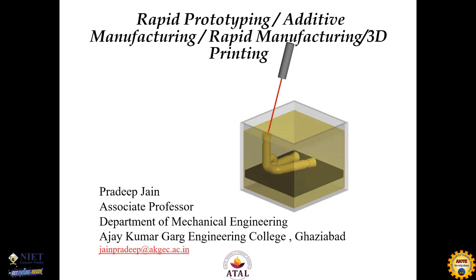In SLA, we use the material in liquid form. But in FDM, there is no need of any laser. We have to heat the material by using a heating filament, and this is the solid 3D printing process. The material is in solid form, but in SLA, the material is in liquid form. This is the basic difference between SLA and FDM.